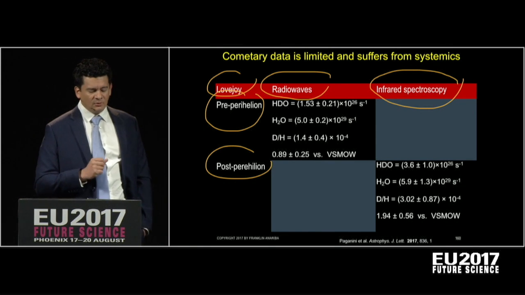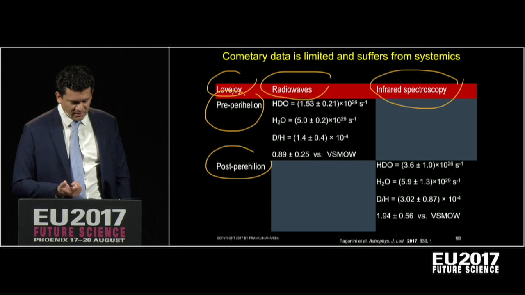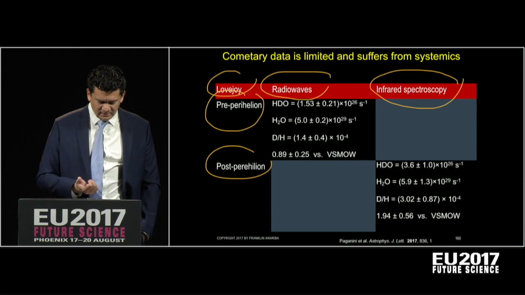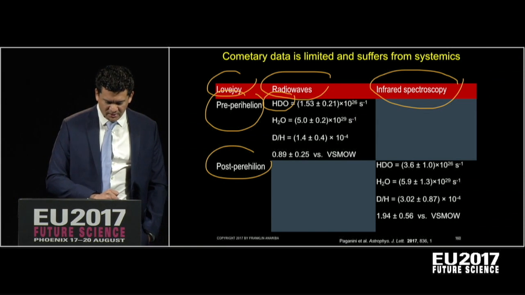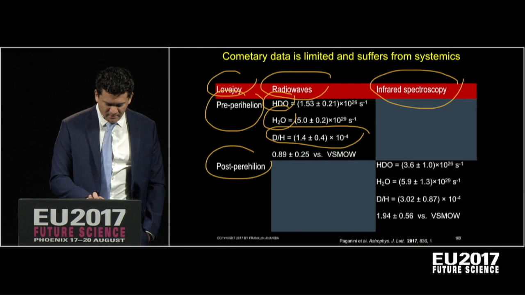And so it's difficult for me to look at this data because I have here production rates for deuterium, production rate for water, and then I'm looking at the ratio over here, and this is how much it is versus the Vienna standard mean ocean water.